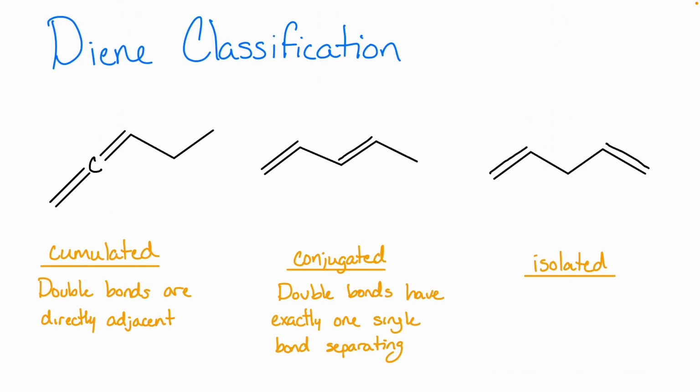In this case, there are two single bonds. It doesn't matter how many there are between them. If there's more than one of them, we would call it an isolated diene, right? So our double bonds have more than one single bond separating them.